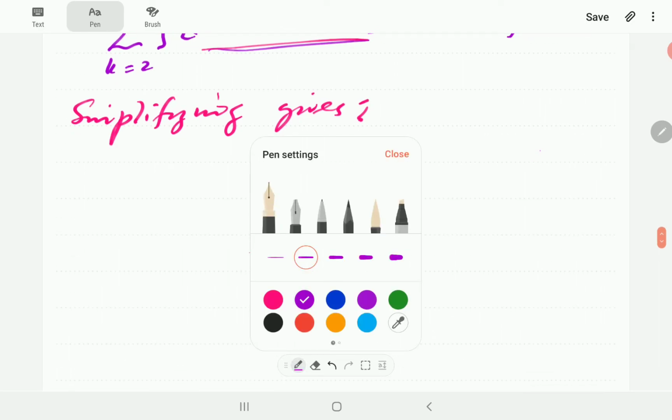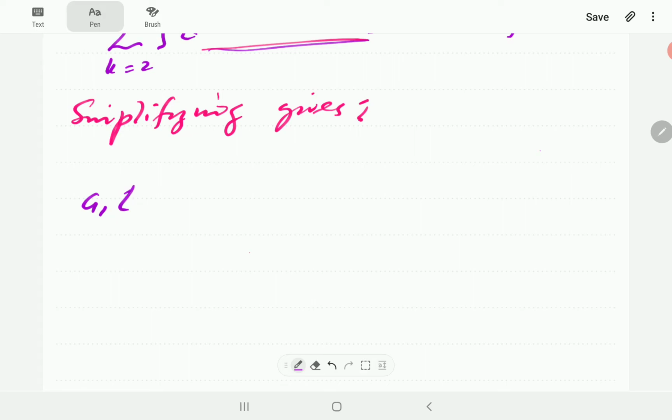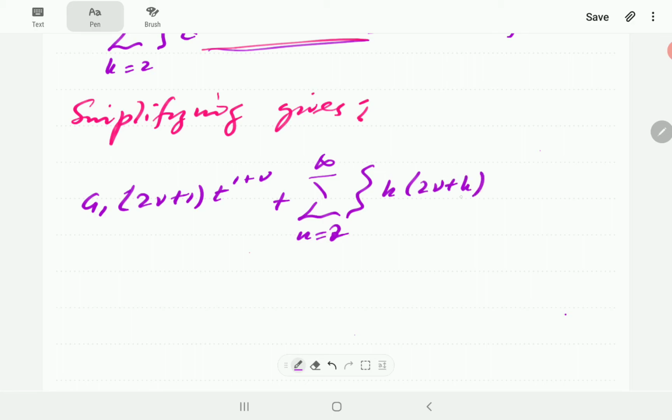So we're going to have a1 times 2 nu plus 1 times t to the power 1 plus nu, plus the summation from k equals 2 to infinity of k into 2 nu plus k ak. Then this is going to be plus ak minus 2 t to the power nu plus k equal to 0.